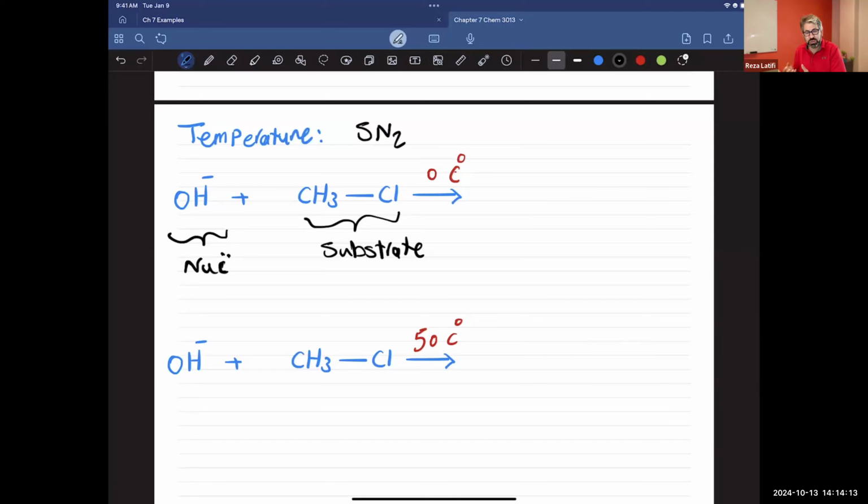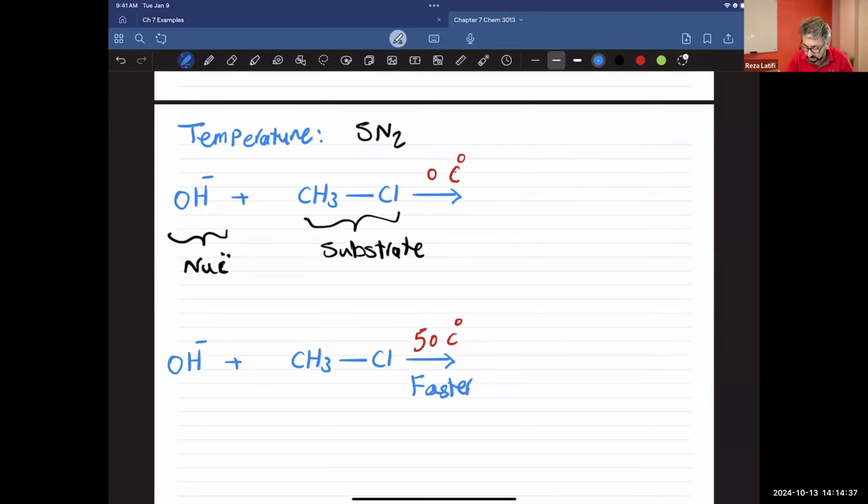Now, if I increase the temperature, the rate of collision will go up. That's completely reasonable. As we increase the temperature, velocity will go up, so I expect to see a higher rate of collision. If you run the reaction at two different temperatures, the one with higher temperature should be faster.